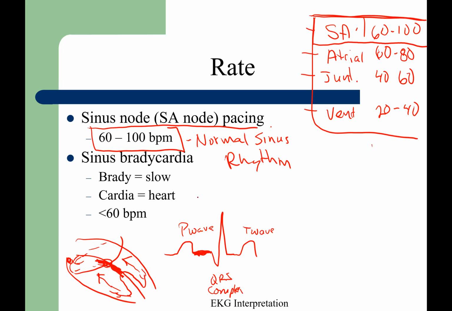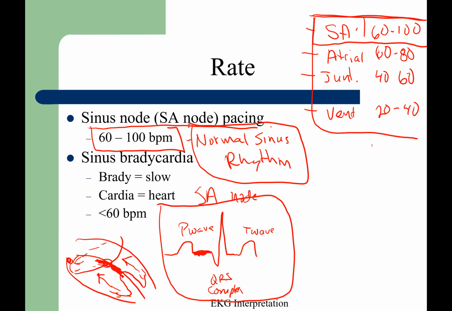Now, when the sinus node is firing, it's going to fire between 60 to 100 beats per minute, hopefully. And if all of these things are true, where we have a P, a QRS, and a T, then we're going to deem it normal sinus rhythm.